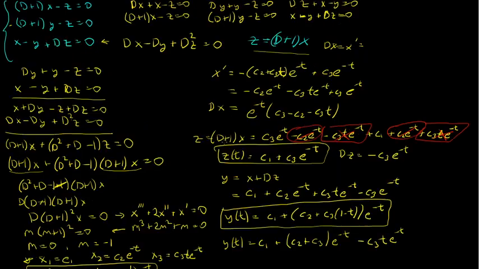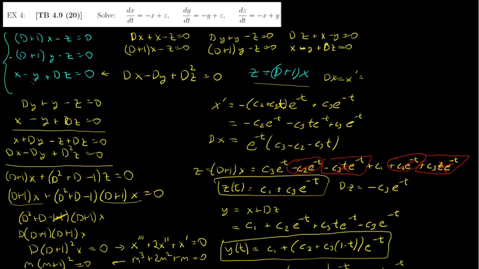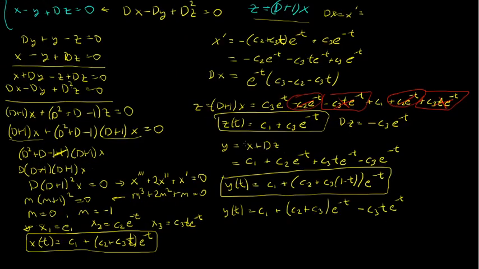But let's see, y is equal to, yes, x plus dz. So here's x, and then dz. Did I calculate d? Oh yeah, no, I'm sorry. Yeah, here's x. Dz is just negative c3 e to the negative t. Oh, right.